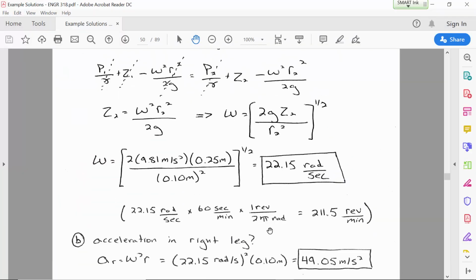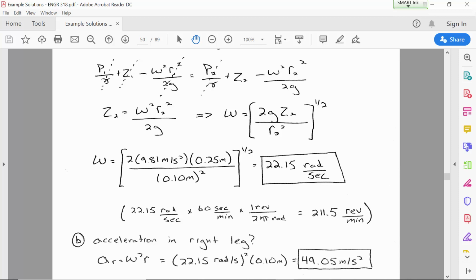Okay, so the acceleration in the right leg is 49.05 meters per second squared. You can see how the units arise out of that. Remember, radians, they don't exist. Consider them as imaginary when we are looking at the units that come out of the equation.